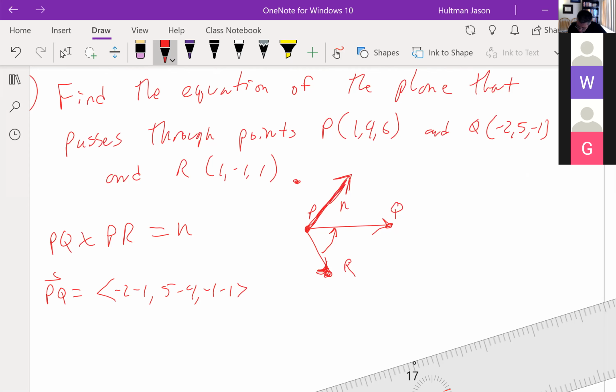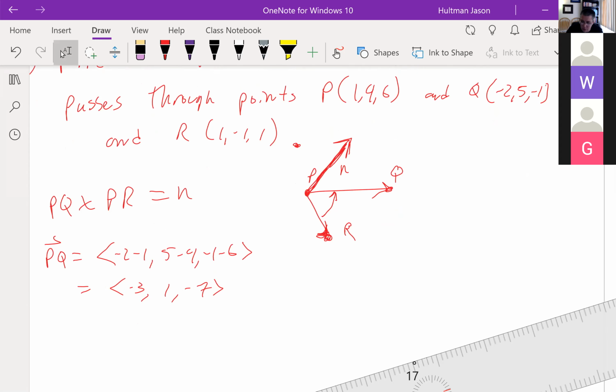I was looking at the wrong one. Good. So PQ is equal to -3, 1, and -7.